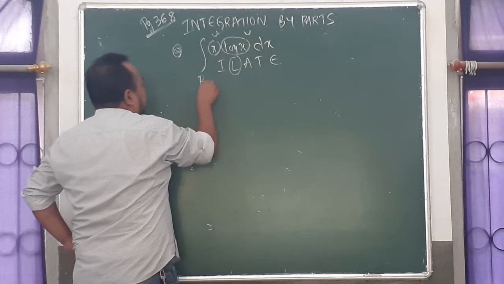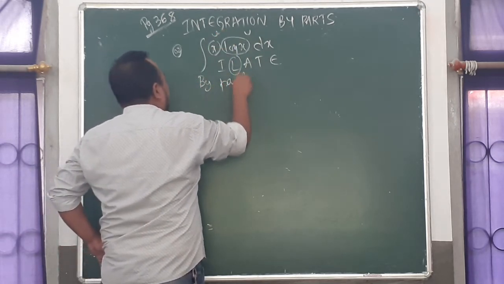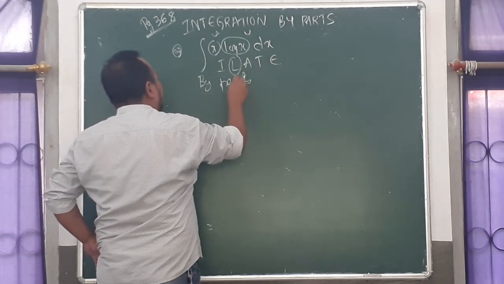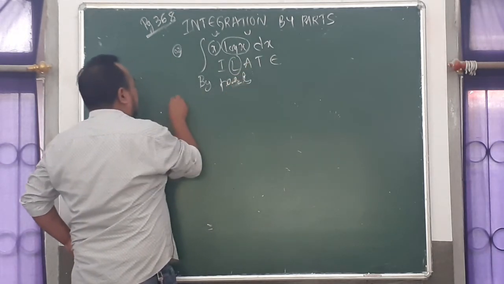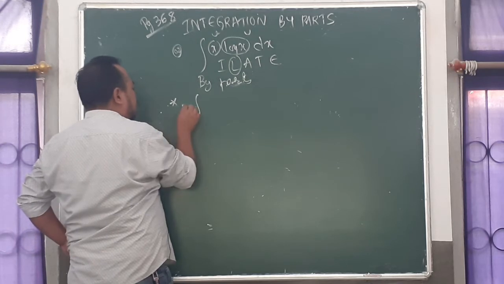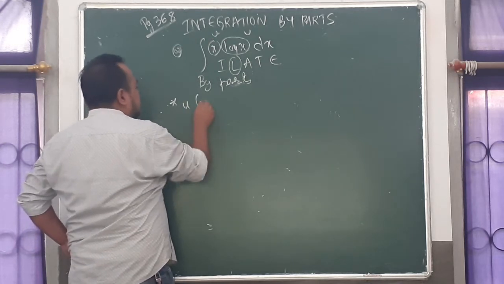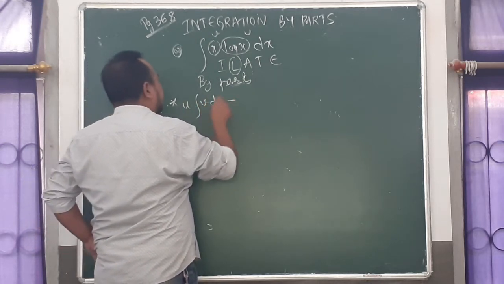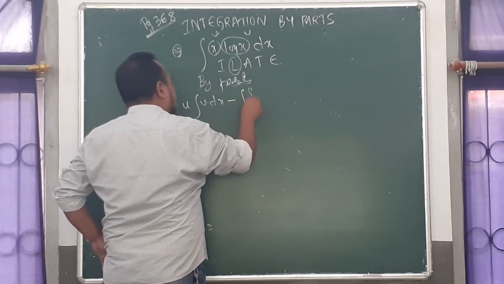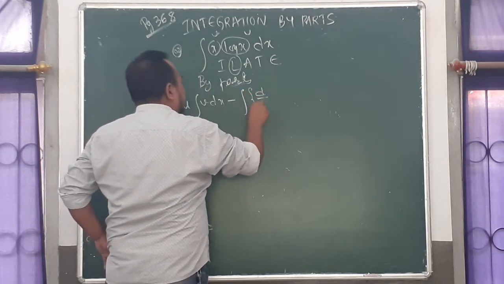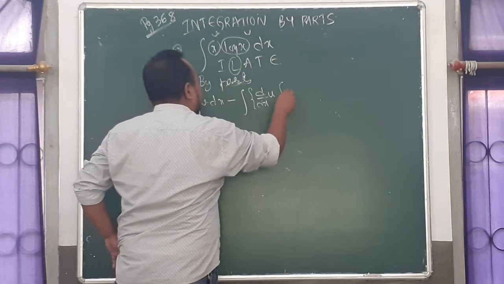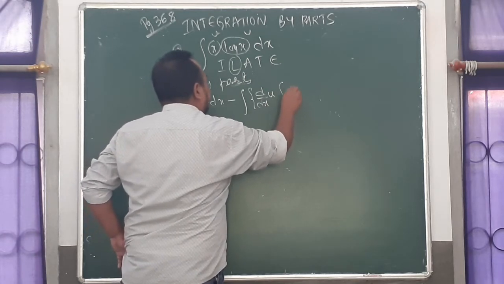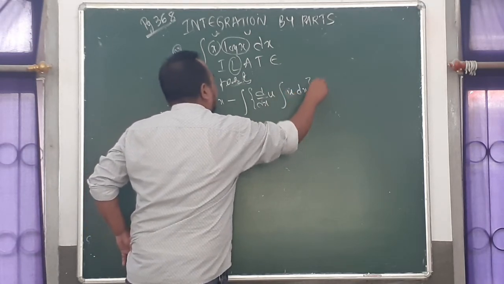So using by parts, remember what I told you: the first formula is not a problem. The formula is integration, first function integration of the second function, minus integration curly bracket differentiate the first function and integrate the second function.